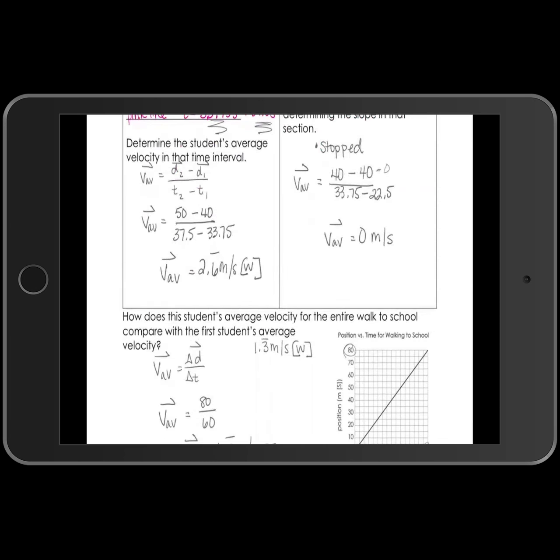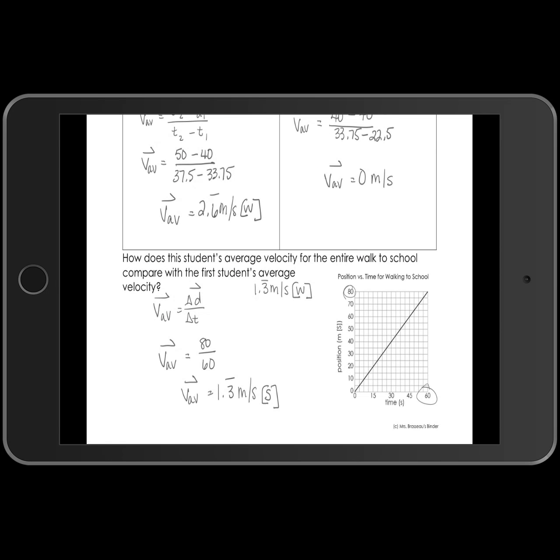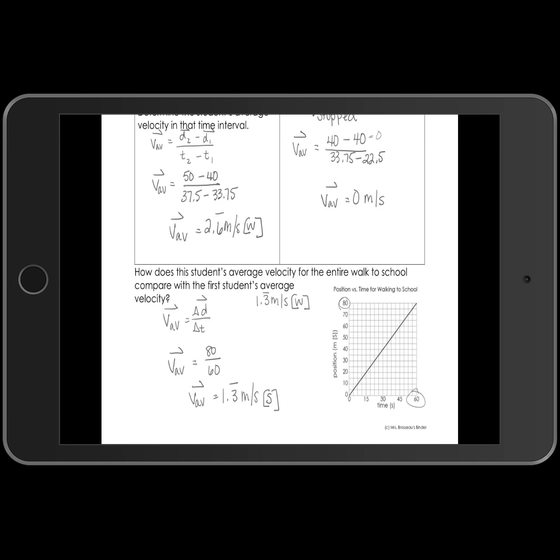So if we look at both of these, they both walk the same distance in 60 seconds. The magnitudes are the same, so they're both walking 1.3 meters per second, but they're going in different directions. One is going west and one is going south. So we can compare graphs in order to figure out these different things.